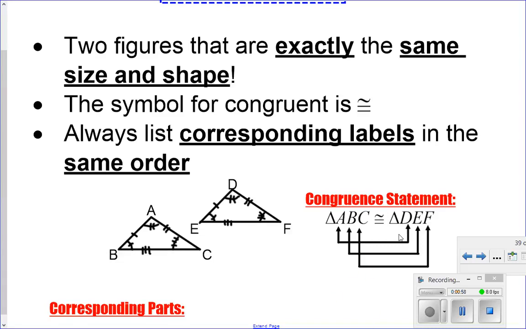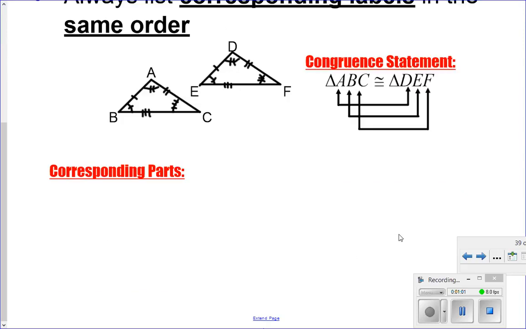So I know that because A is listed first and D is listed first, that means that angle A is congruent to angle D. Similarly, angle B and E are congruent, and angle C and angle F are congruent.